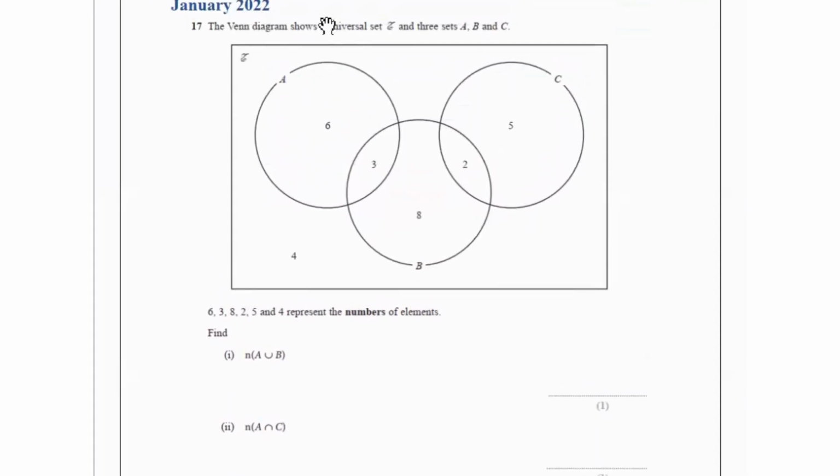C complement means the elements that are not in C. So B intersection C complement is all of this. This is B intersection C complement. Outside of C, but common with B. So that's 3 plus 8, and that is 11.